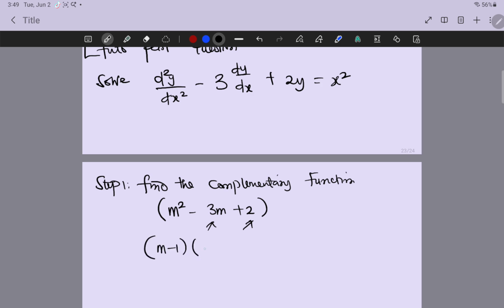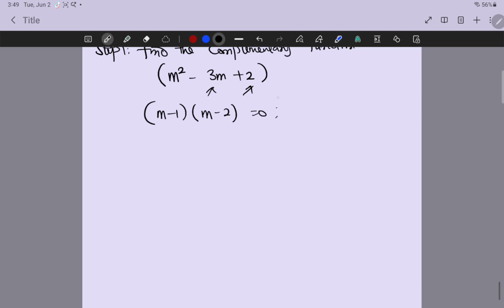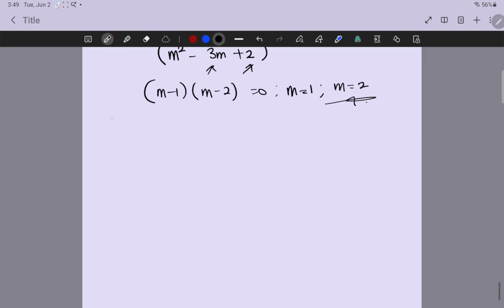We have (m minus 1)(m minus 2) is equal to 0, which means m is equal to 1 and m is equal to 2. Let's not forget that. So our y will now be Ae^x plus Be^(2x). This is our complementary function, CF.